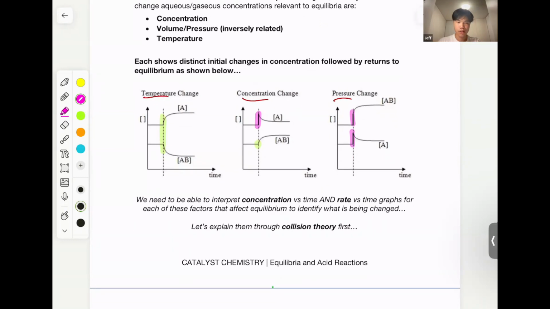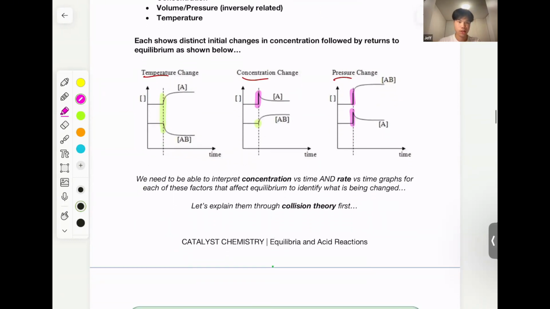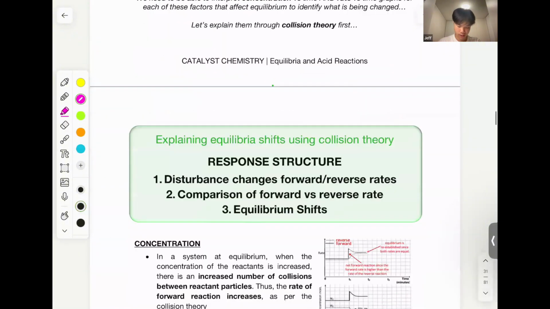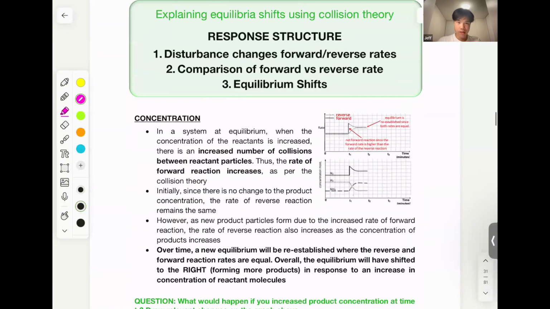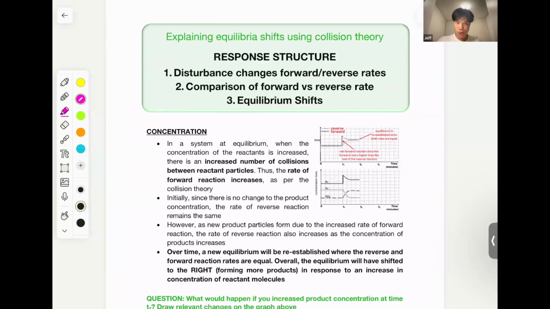And you can justify why the rates will then change the way they do in terms of collision theory. When you structure your response for collision theory justifications, you say what disturbance happened and how it changed forward and reverse rate. It may just be one of them too, but for pressure, volume, and temperature, you change forward and reverse. For concentration, you only change one of forward or reverse.